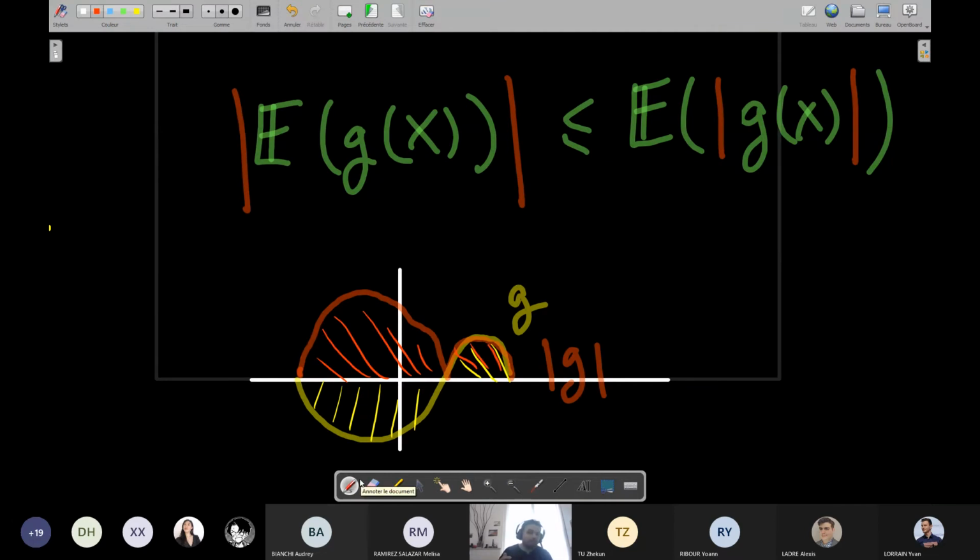If you take the absolute value, you make everything positive, and if you compute the integral, you get something bigger than if you don't take the absolute value. So that's the third property.